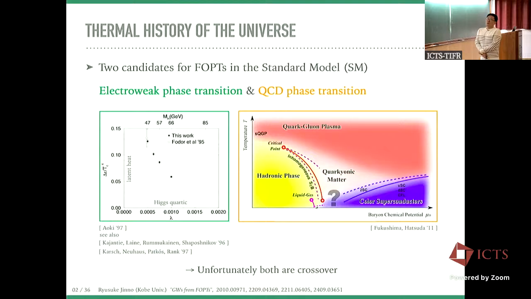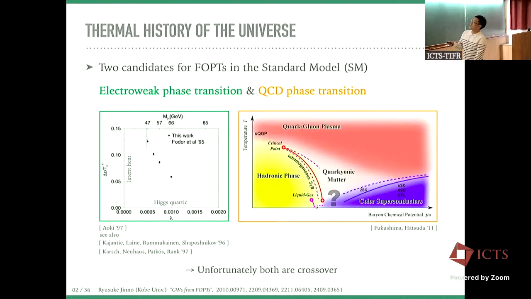Long ago, maybe Higgs was discovered in 2011, I forgot, 2012, so more than 10 years ago, there were two candidates for first order phase transitions in the standard model. The left panel is for electroweak, and the right panel is for QCD or chiral phase transitions.